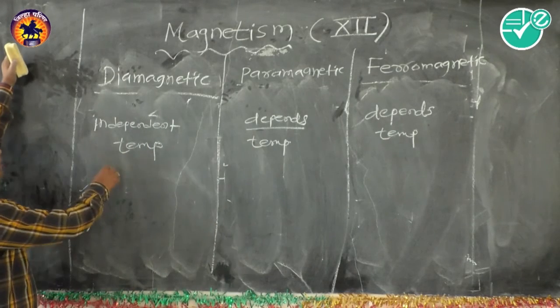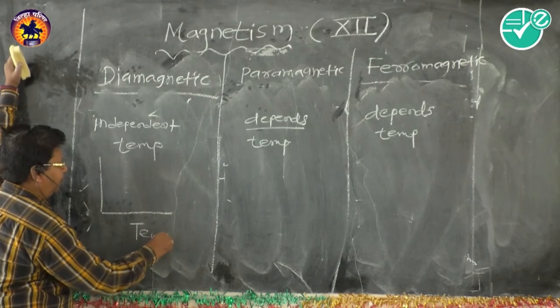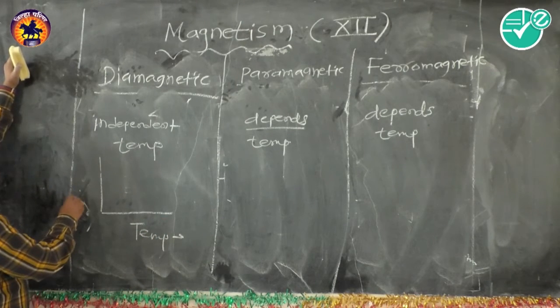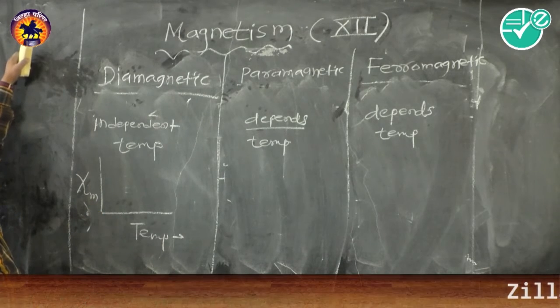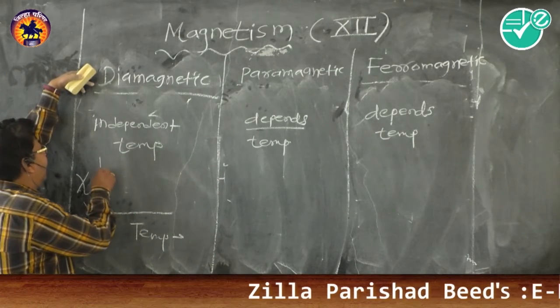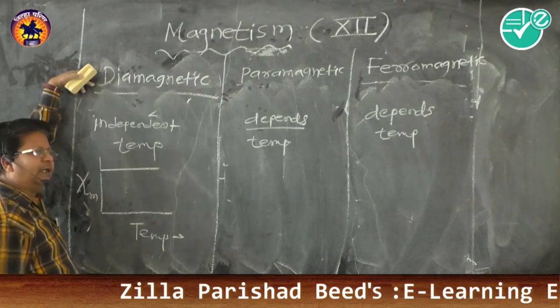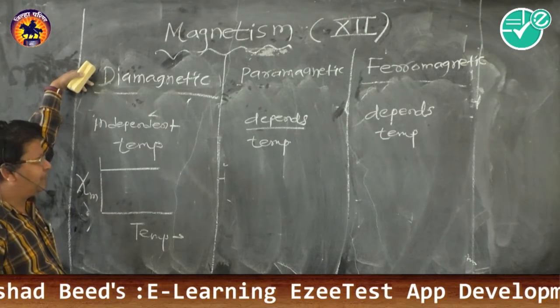If we plot a graph of absolute temperature against magnetic susceptibility for diamagnetic substance, then K is constant as it is independent of temperature.